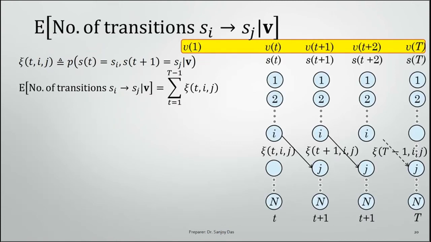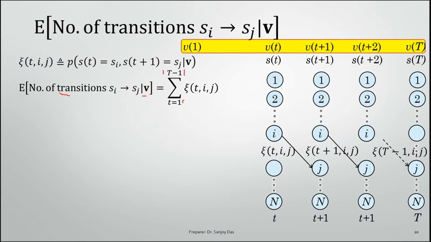So now zeta Tij is defined as the probability of St equals Si, St+1 equals Sj, given V. If I add all the zeta Tijs from t equals 1 through t equals T minus 1, then I get the total number of transitions given V. Now, why T minus 1?